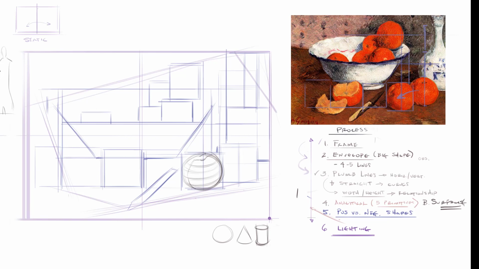If you can get in touch with how these lines describe surface, this is the key to understanding rendering, because all light and shadow do is define surface, right? So if I see a little waver and a bump, that always corresponds to an edge or value transition.